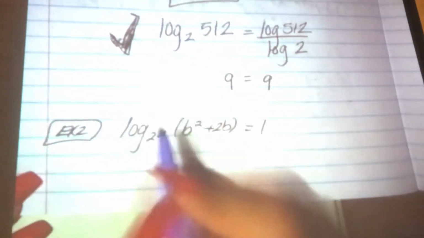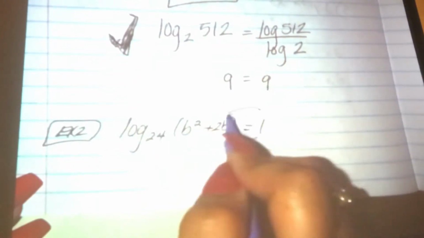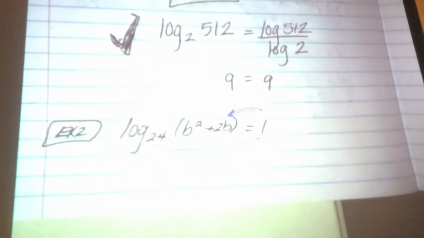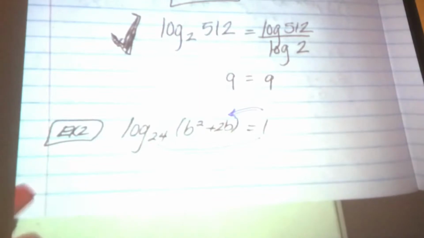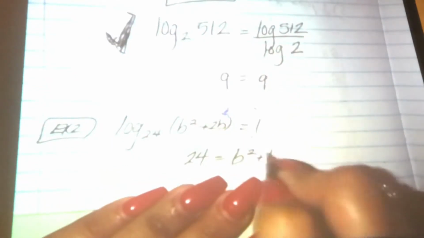Again, you're going to piggyback and then equaling this. So you're going to get 24 equals b squared plus 2b.